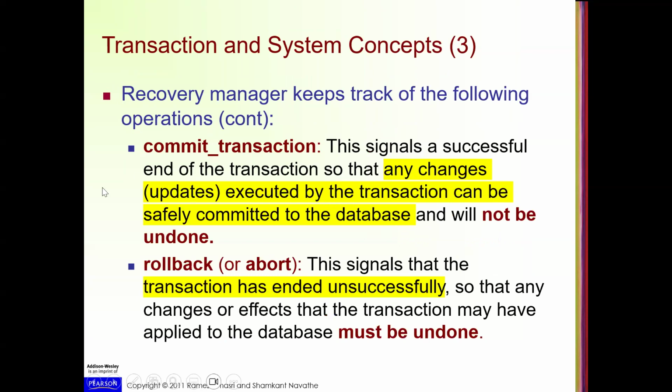This signals a successful end of transaction so that any changes that are made are committed safely to the database, or written safely into the database. Once it is written safely into the database, you cannot undo that. You can delete, however, that's a different discussion, but it is never undone once that transaction is committed.